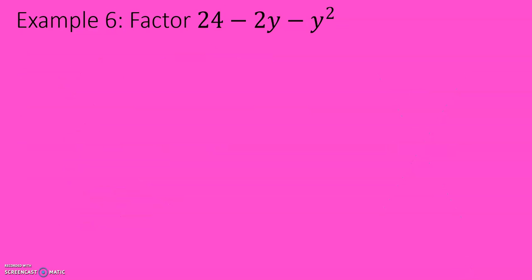Example 6, factor 24 minus 2y minus y squared. Rewrite in descending order, factoring out a negative 1. So it's negative 1 times y squared plus 2y minus 24. The coefficient of the y squared is a 1.